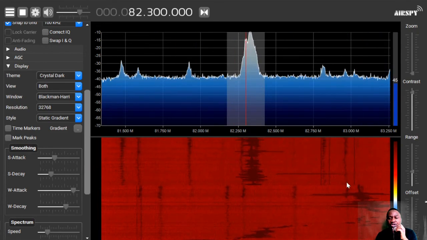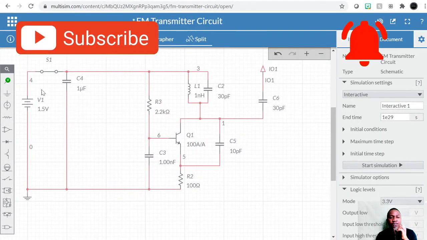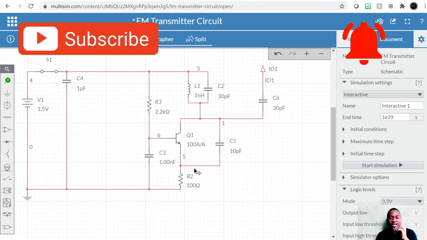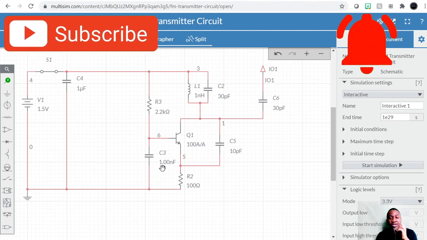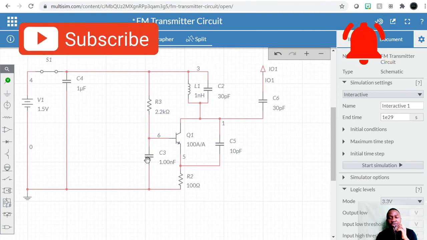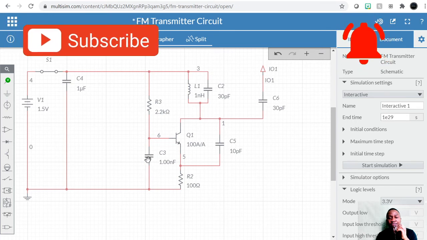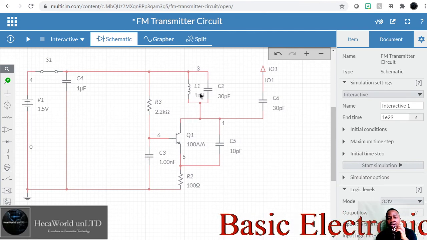One last thing I'll show you before we end today is, let's go back to the tutorial here. If you want to build a crystal controlled oscillator, just replace this capacitor with a crystal. A crystal also looks like a capacitor in the symbol, just a bigger blob in the middle. So have this replaced by a crystal, and you don't need this frequency determining network anymore.